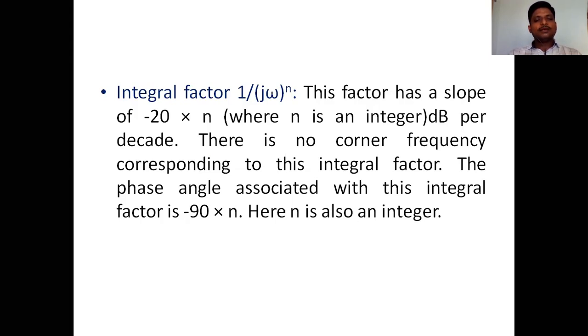Whenever we get 1 by (j omega) squared, the slope will be minus 20 into 2, that is minus 40 dB per decade. The unit for slope is dB per decade. So if the given factor is an integral factor, we consider its power and multiply it with minus 20. That will be the slope of the given function.